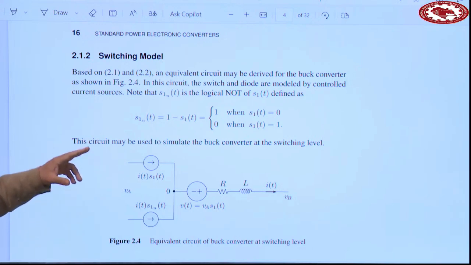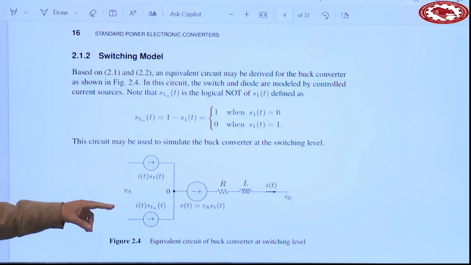However, we like to use a more simplified model because normally for control or operating scale, we are not interested in all these switches. These switches, keep in mind, are happening at a very fast rate, tens of kilohertz, or even, like I said, in GaN switches, hundreds of thousands of times per second.